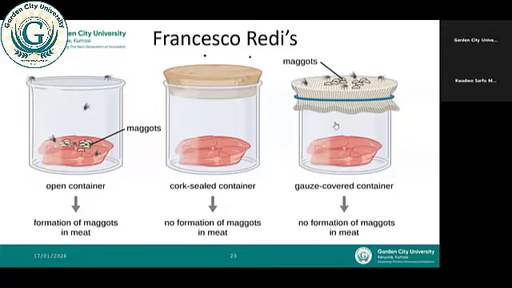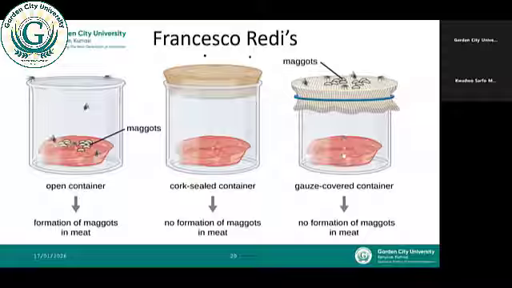Then they came back to say that you need fresh air for life to continue. So he said, okay, this time I'll not use the cork. I'll use gauze so that the fresh air you are talking of can have contact with the meat. But the gauze did not allow the flies to settle on the meat to lay their eggs.